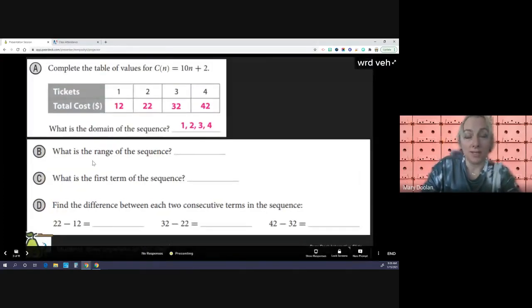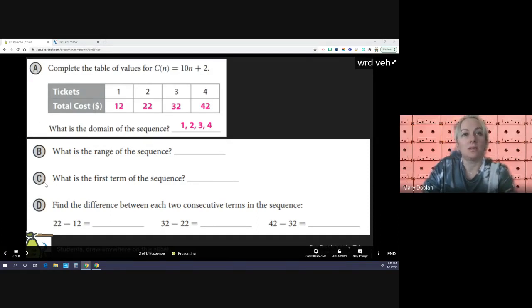Now that we know for this cost of tickets at the movies that the total cost is represented like this, and this is the domain, next is part B: what is the range of the sequence? How do you figure out what the range is?